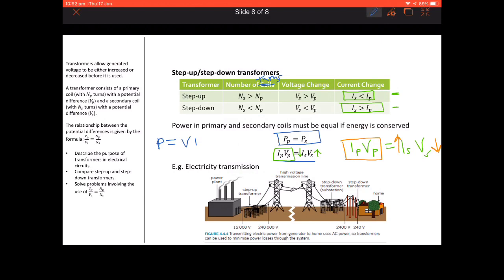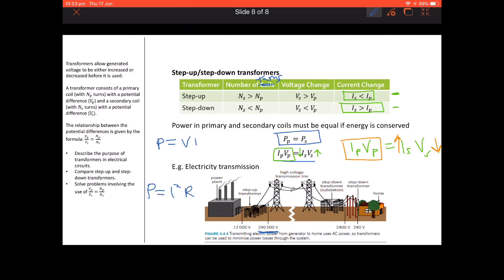Step up and step down transformers are used in electricity transmission. So when electricity is being transmitted, it is transmitted at a really high voltage, and this is to reduce power loss. So power loss is equal to current squared multiplied by resistance.